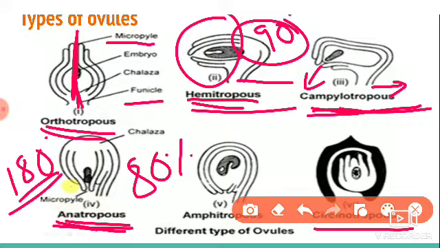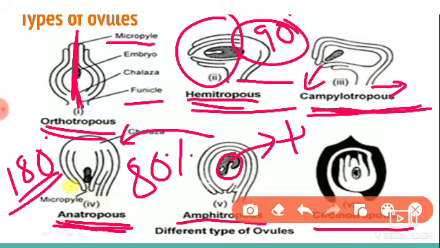Then coming to the next one, the amphitropous ovule. It looks exactly like the anatropous ovule, but inside the ovule there is an embryo sac, and this embryo sac is a horseshoe-like structure.